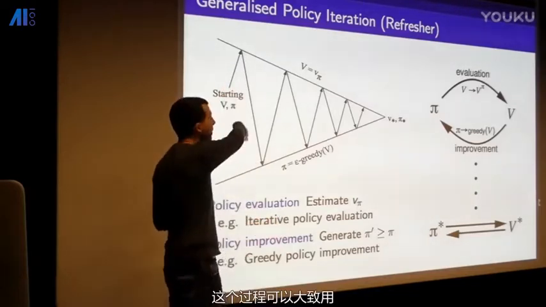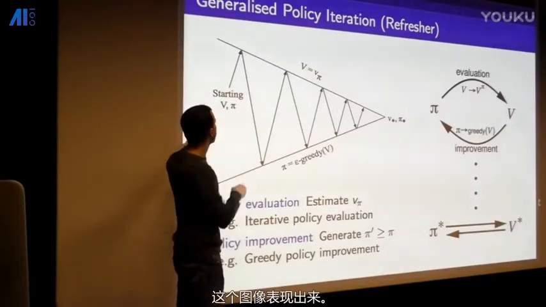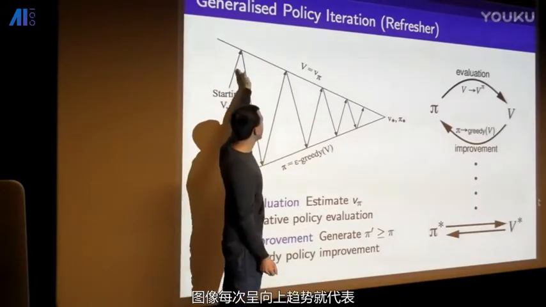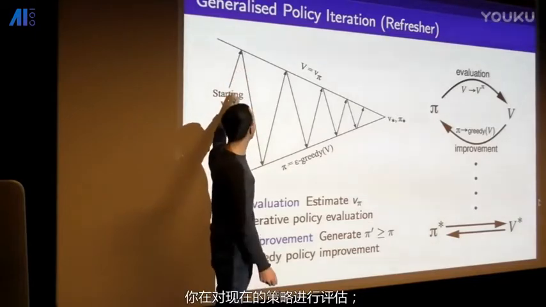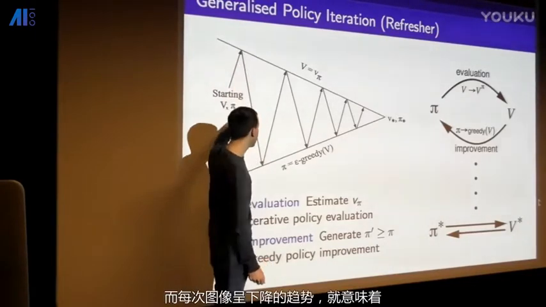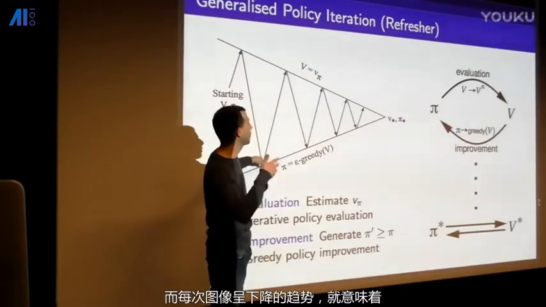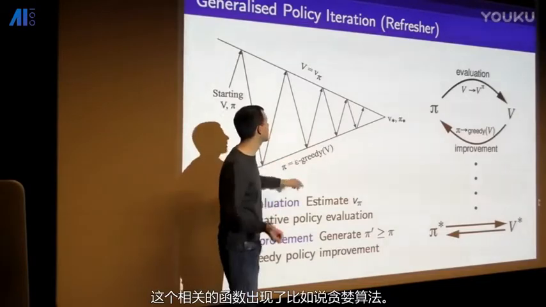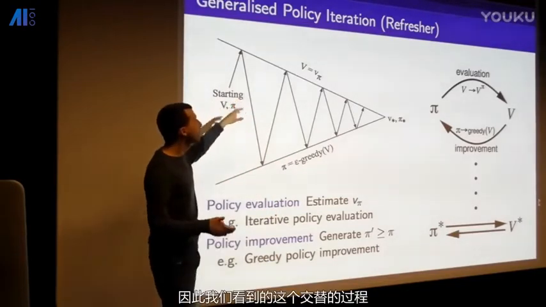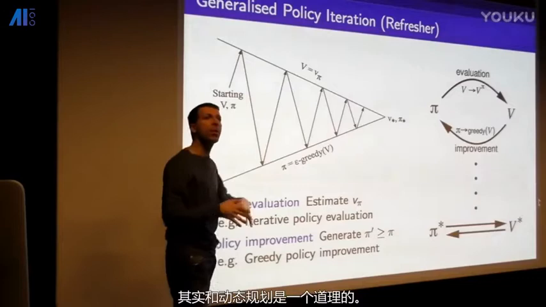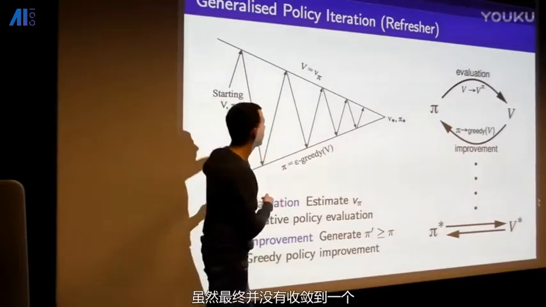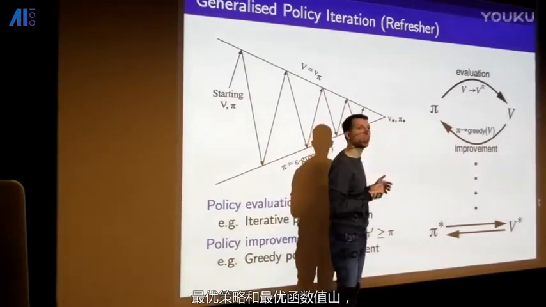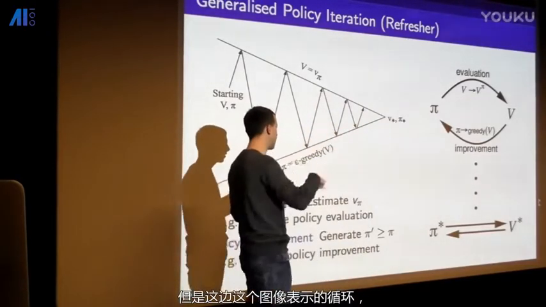And we have this iterative process, which I sketched on this diagram here, where you start with some value function and some policy, and every time you go up, you evaluate your current policy to get a new value function, and every time you go down, you act greedily with respect to that value function. This alternating process we saw when we were doing dynamic programming actually does converge on the optimal policy and the optimal value function. And it's just this cycle that can go round and round and round.